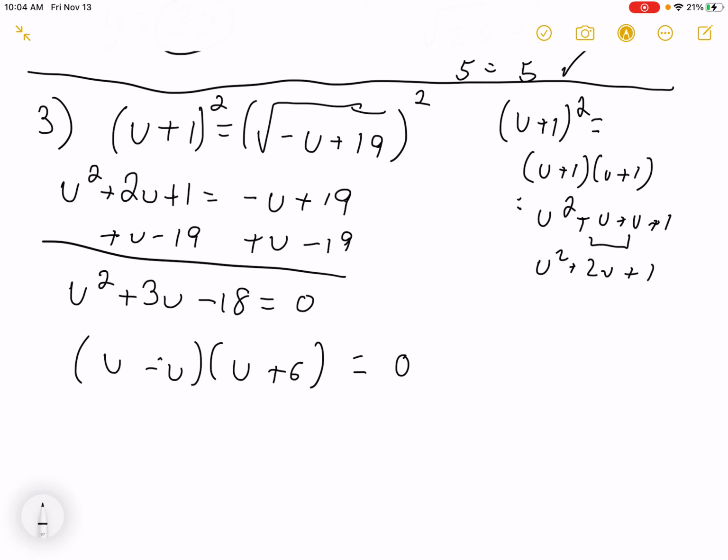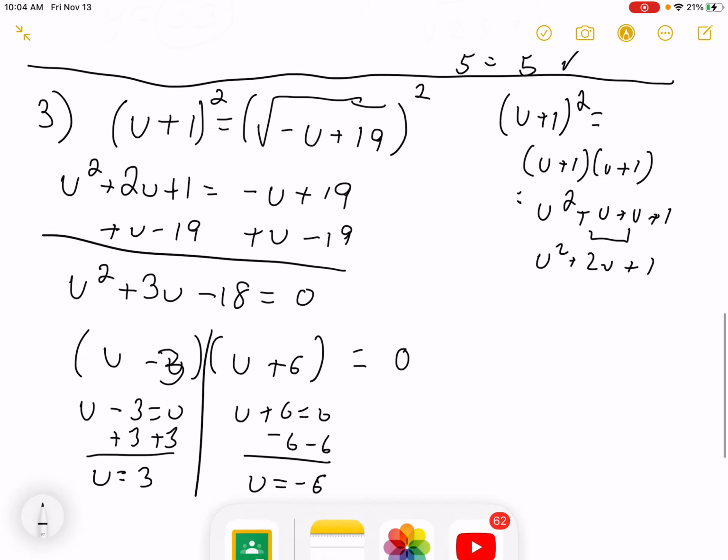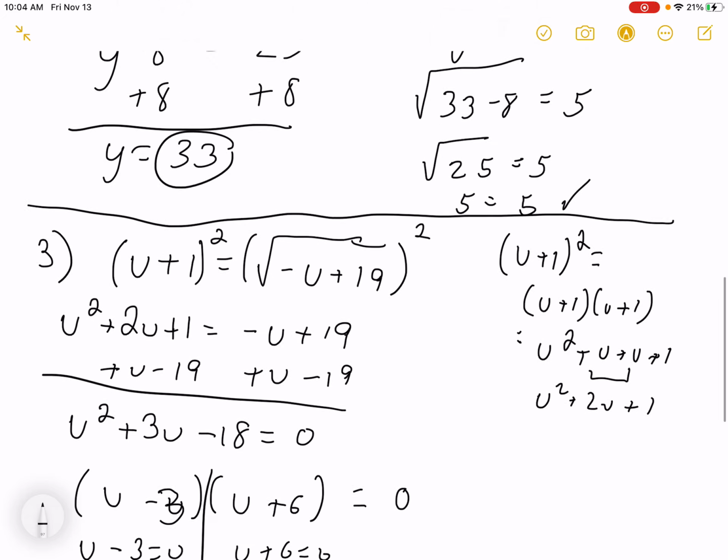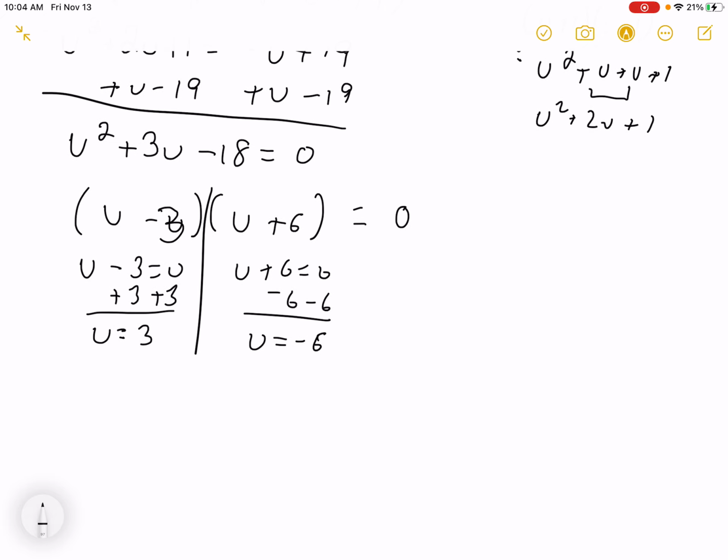Then we'll take each factor and set them individually to 0. u equals 3, u equals negative 6. Now let's check. We're going to need to check both solutions. Let's do the 3 first.